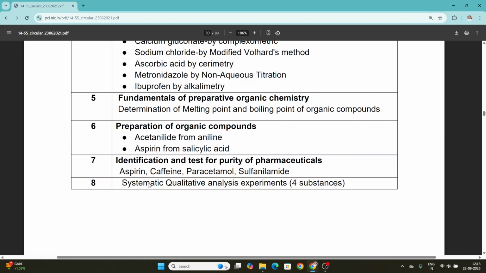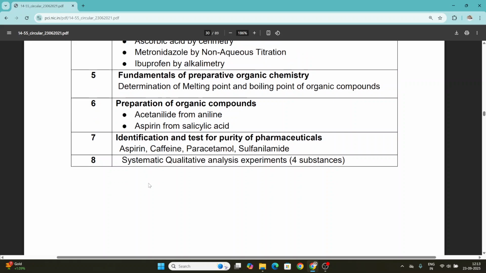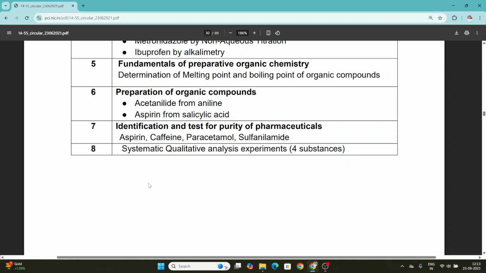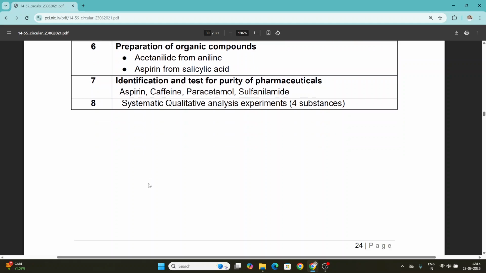Identification and test for purity of pharmaceuticals, aspirin, caffeine, paracetamol, sulfanilamide. 8. Systematic qualitative analysis experiments for substances.